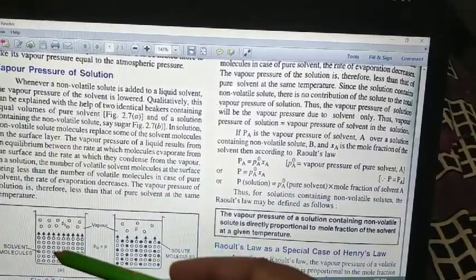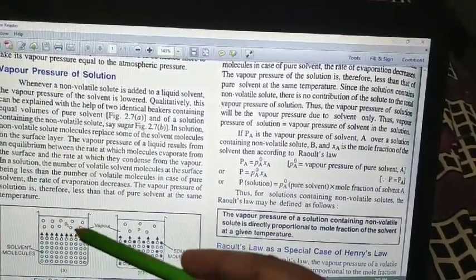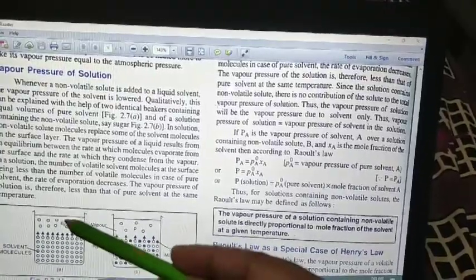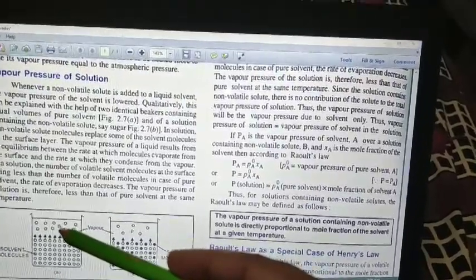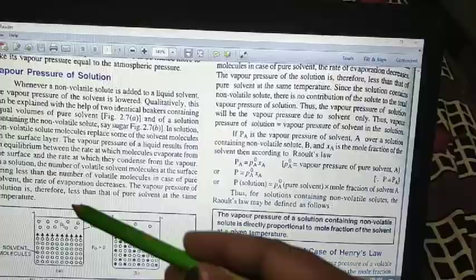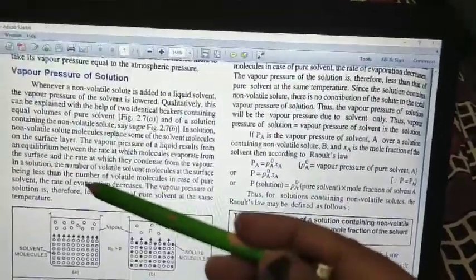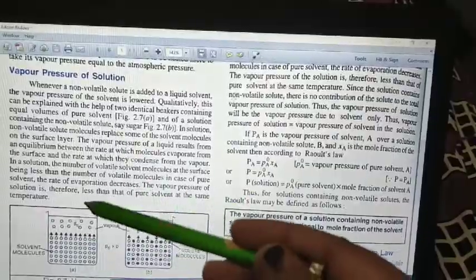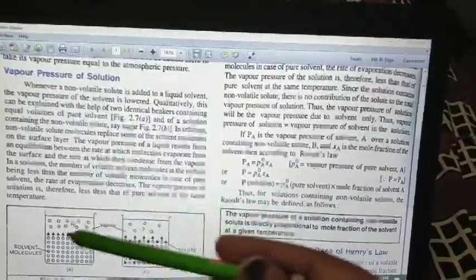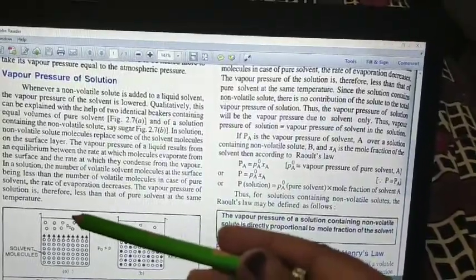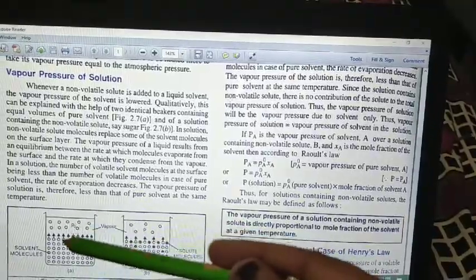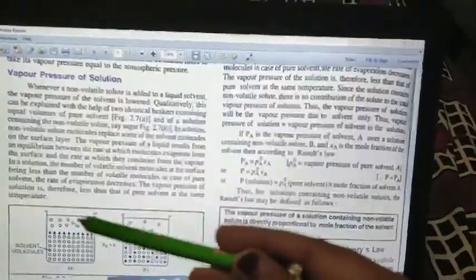As the process goes on, the rate of evaporation decreases and the rate of condensation increases. But at some stage, the rate of evaporation, that means the molecules transforming into gaseous form, and the rate of condensation, that means the molecules converting from gas to liquid form, become equal.